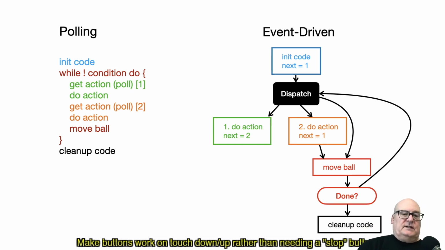What should I do? And it's going to decide either go to the first poll, which is why next comes into play, do the first action, or do the next action, or no action, just move the ball. Eventually we check the condition. Are you done? If not, go back to the dispatch, and otherwise exit out and clean up the code.